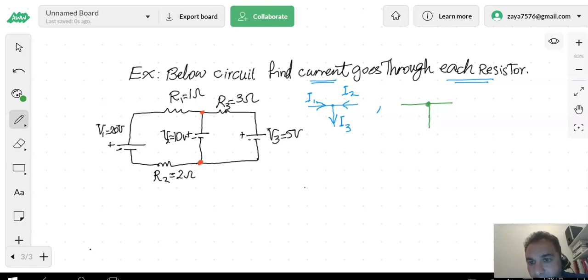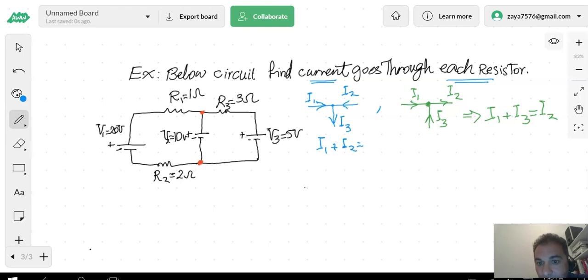I will say this is I3, this is I1, then I2 will be this, correct? For this one, I can write I1 plus I3 is equal to I2. And for this one, I can write I1 plus I2 equals I3.